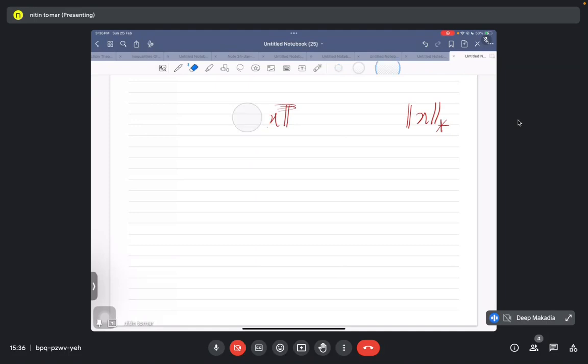To give you an example, in R you can define this norm, mod x. This is one example of a norm. I think you know what a norm is.